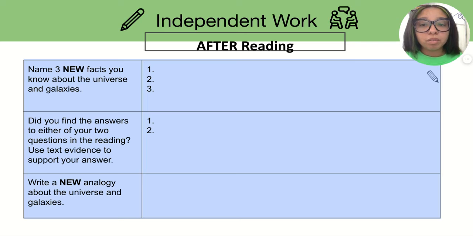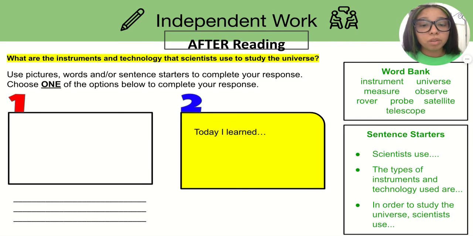Now that we have finished the reading, you can continue your activity by filling out this graphic organizer your teacher has given you, or you can fill out one of the options for today. You can fill out 1 or 2 by using pictures, words, or sentence starters to complete your response to this question. What are the instruments and technology that scientists use to study the universe?